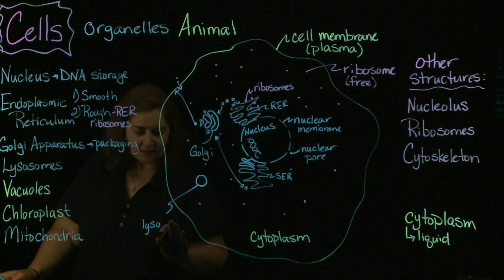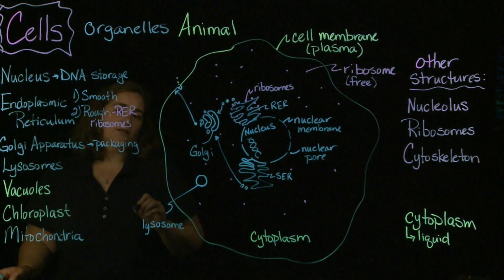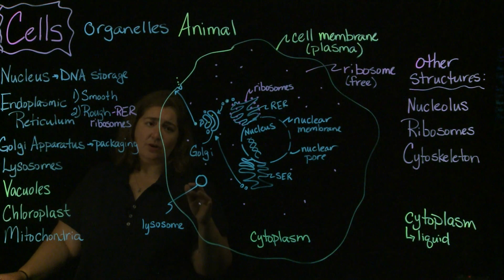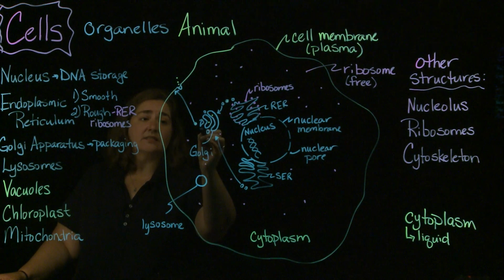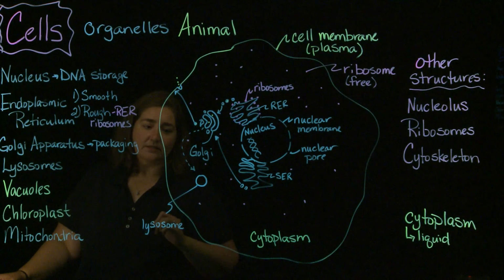Goodness, I can't spell lysosome. Lysosome. There we go. To show you what's happening with the lysosome, I'm just going to draw it bigger. All right? The lysosome would be something that would come off of the Golgi apparatus.